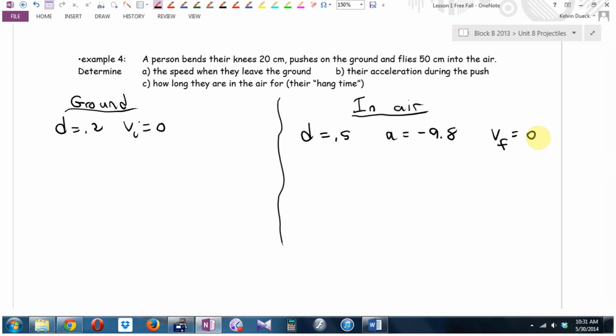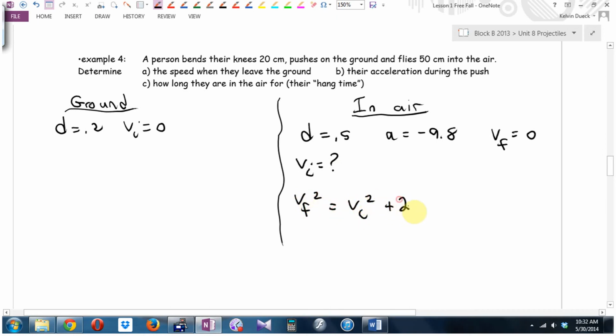I'm going to pause with the ground. I'm going to go see what I can see here. Certainly, I think I can find VI. Is there an equation that has distance, A, VF, and VI in it? VF squared equals VI squared plus 2AD.